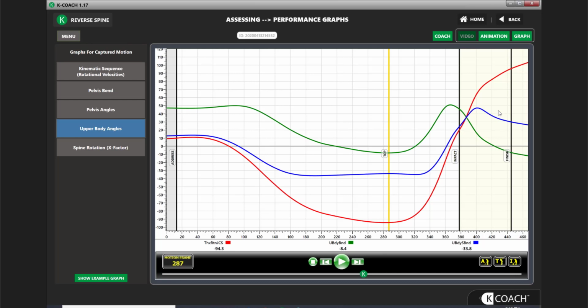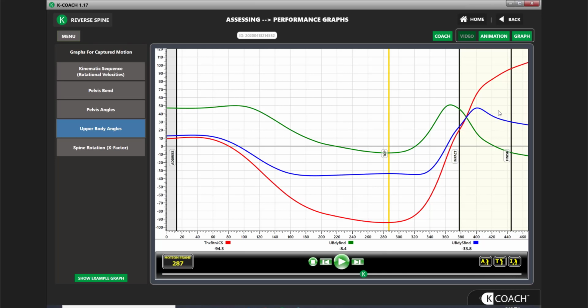You will see players go much more than this, especially your more mobile, less stable players like females and juniors. I've seen juniors that have upwards of 20 to 25 degrees of reverse spine angle at the top, and it's a matter of stability, but it's also something you really need to pay attention to because it can certainly cause them back pain, even at a young age.